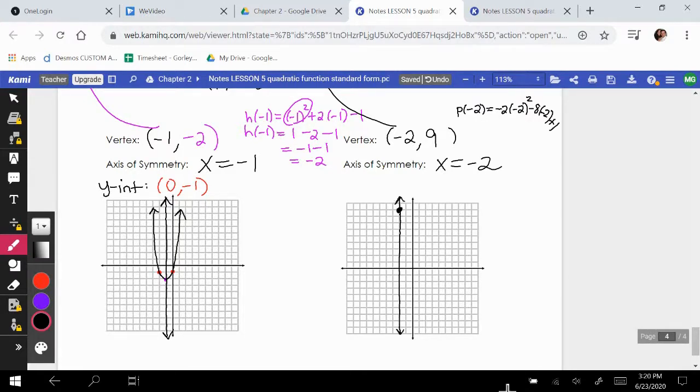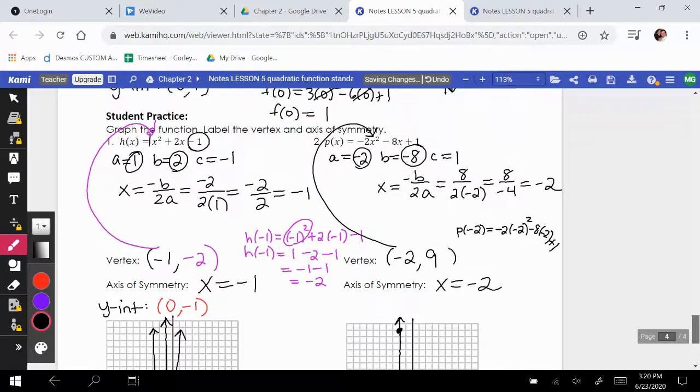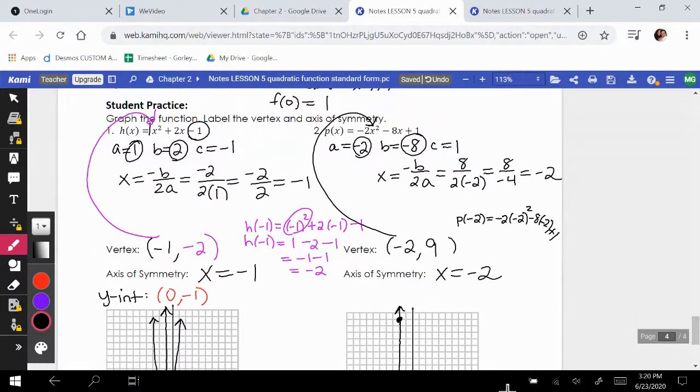Okay, and then how do I get the width of my graph? What am I still forgetting to do? I need to find the y-intercept. To get the y-intercept, I plug in 0 for x. If I plug in 0 for x, this term will go to 0. If I plug in 0 for x here, that term will go to 0. And so really my c value, 1, will indicate my y-intercept for me. So I have (0, 1).